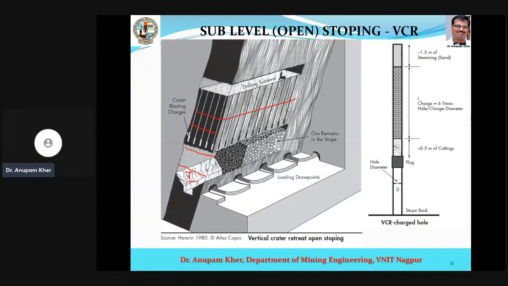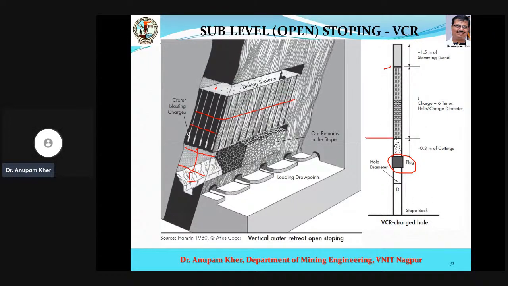In that way the ore body slices are depleted, and since the holes are made, they are through holes. That means they are open at this end and they are open at the lower end also. If you put anything, it will pass through. That's why a plug is given here at the bottom, and this plug basically holds the explosives and the charges.